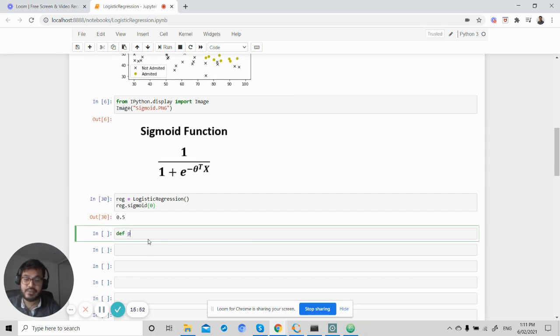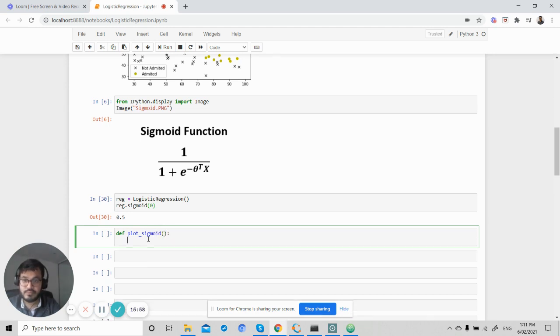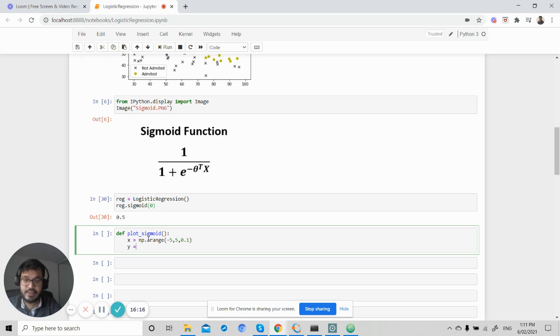So let's write a function sigmoid. I will be using, so my x will be, I'll be using np dot arange -5 to 5, and say my step is 0.1, and so my y will be the sigmoid function which I have implemented right now.